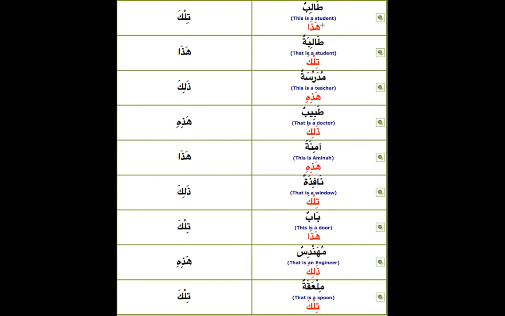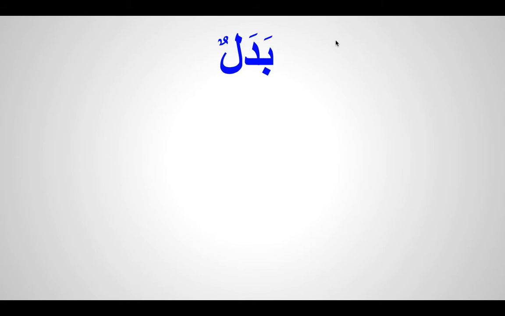So we're going to learn another interesting point in using these demonstrative pronouns like hada, hadihi, dhalika and tilka. What is that called? It's called a badal. So what is a badal?